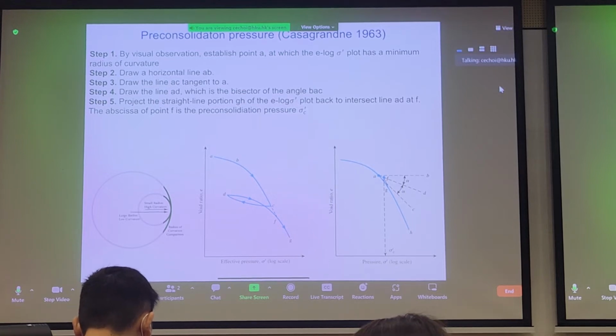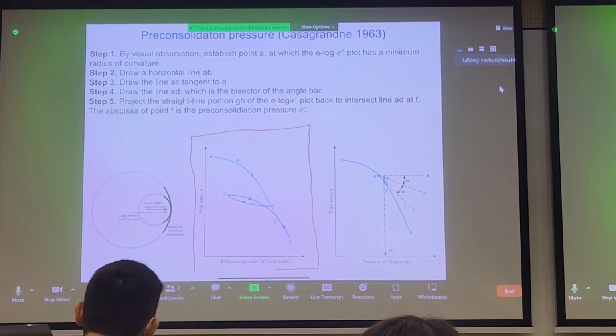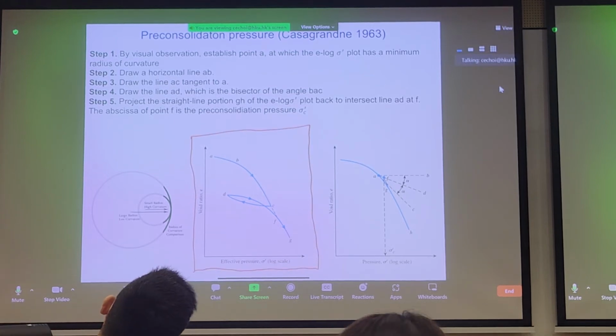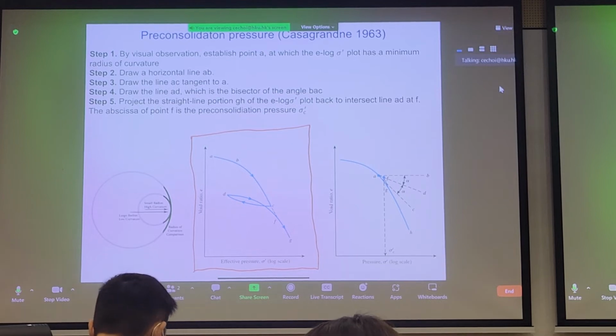Well, the first step you would do is, let's say you have some odometer data like this. What's happening is, initially your soil's here, you load it to point C, and then at point C, if you recall, you're unloading your soil, and at point D, you stop, and then you reload your soil again.